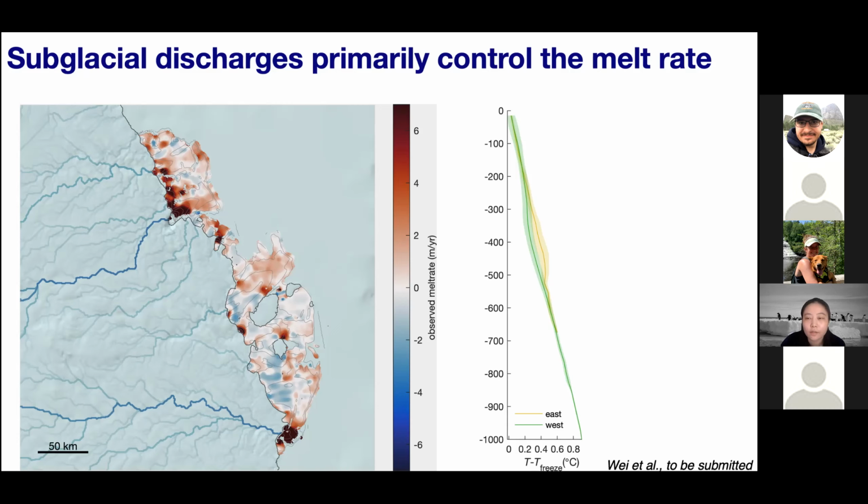Yes, so the topography for this subglacial water routing is from BedMachine, which also provides information like the topography over the grounded ice, where we can see the deep troughs here.